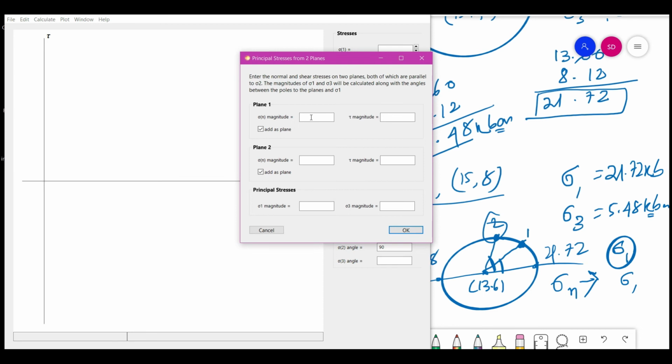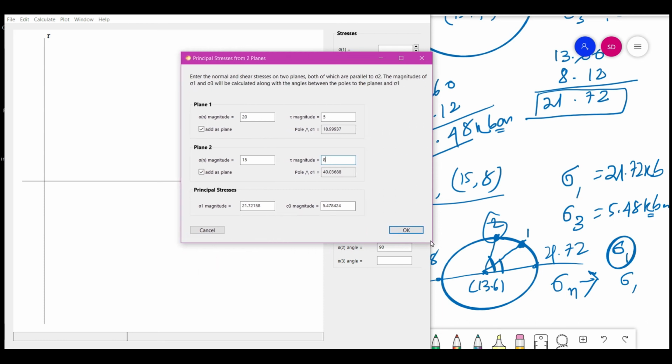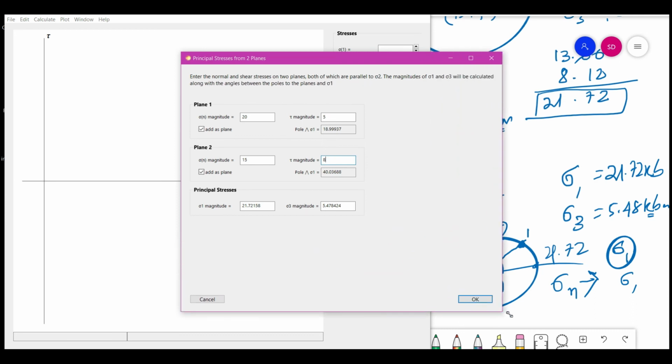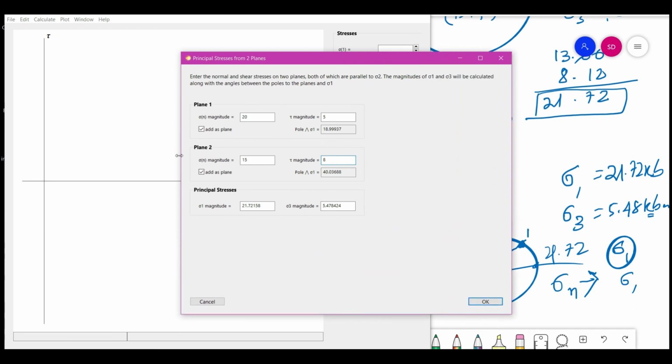We put the sigma n value as 20 and tau as 5, and for the second plane it's 15 and 8. Now you can see that the sigma 1 magnitude is 21.72158 and the sigma 3 magnitude is 5.47842, which is almost 5.48.